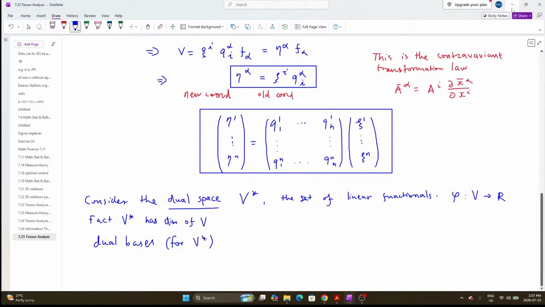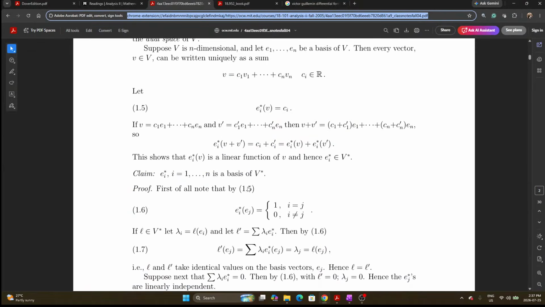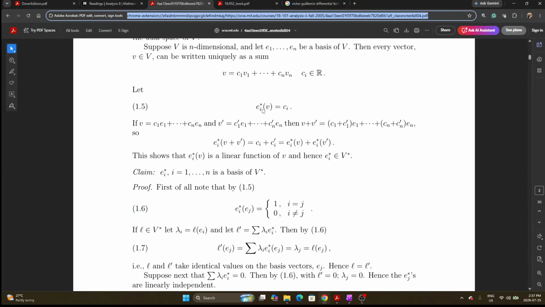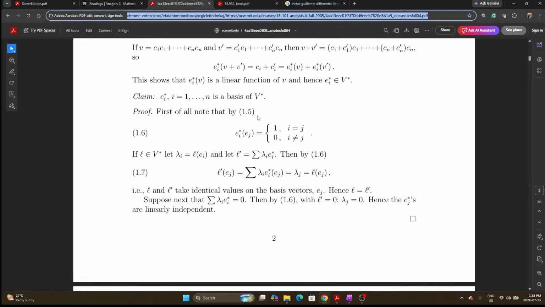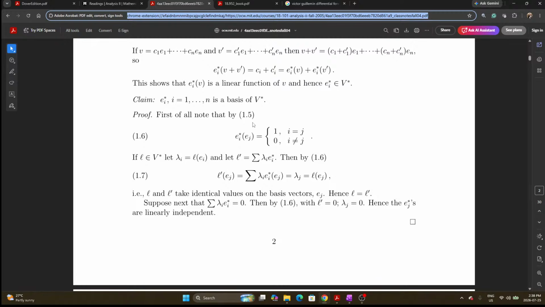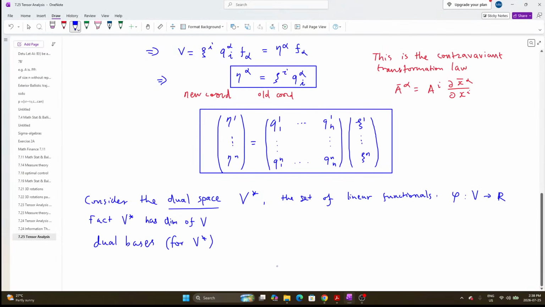But here, let's take a look at the notation here. If we use the E star as the dual basis, the E star, the dual basis, has this property. It evaluates the standard basis to be the Kronecker delta. So let's use that notation.